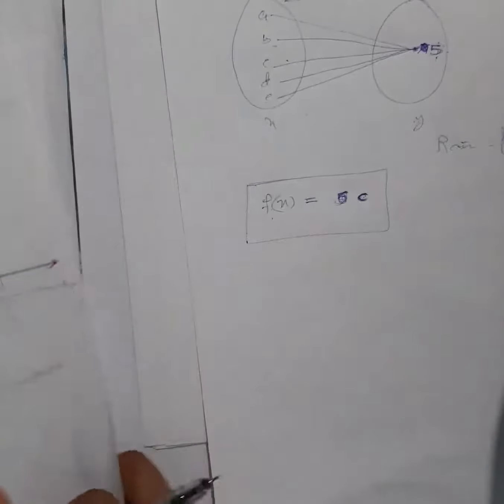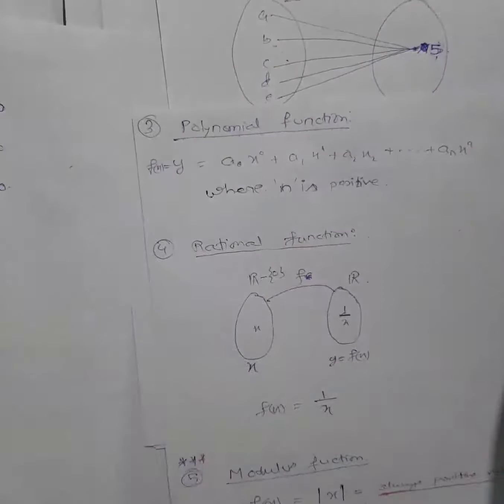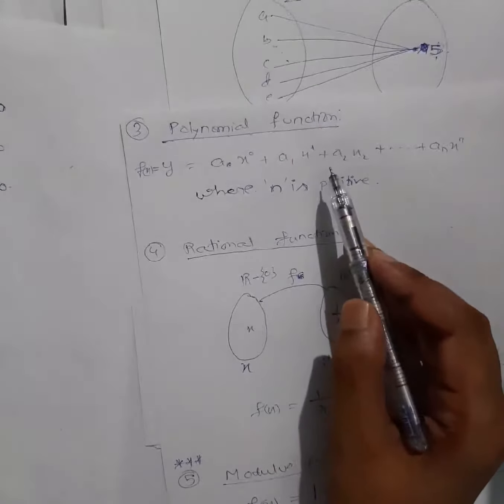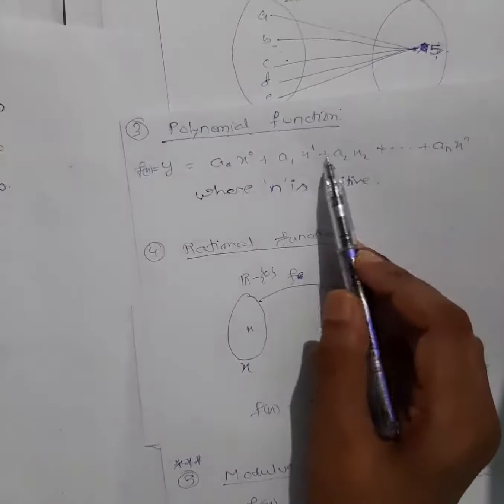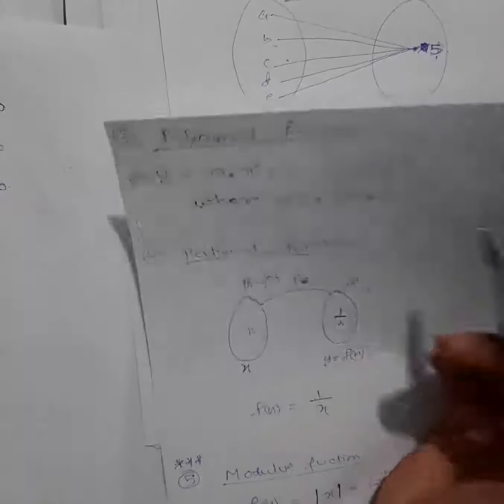Okay, the next function is the polynomial function, which you already know, right? Polynomial means what? The power of a variable must be a whole number, always. And we used to find the degree of a polynomial, it's always a whole number, right?